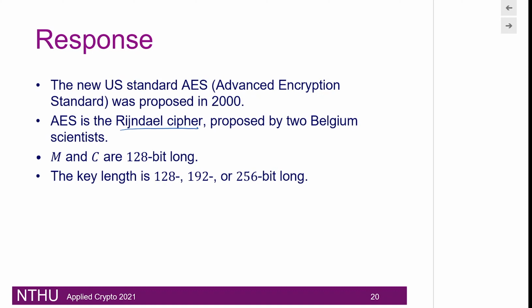In this algorithm, the message space and the ciphertext space have changed to 128 bits instead of 64 bits in the DES. This is a significant change. And the key length could be any of 128, 192, or 256 bits.